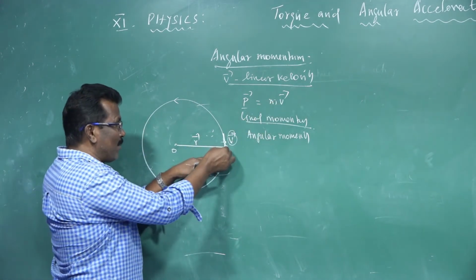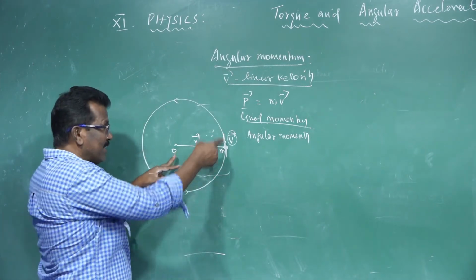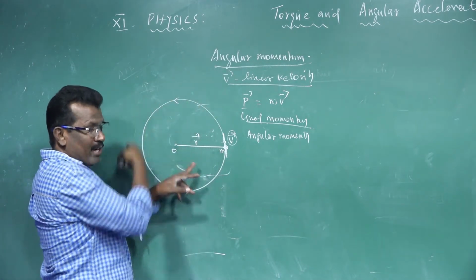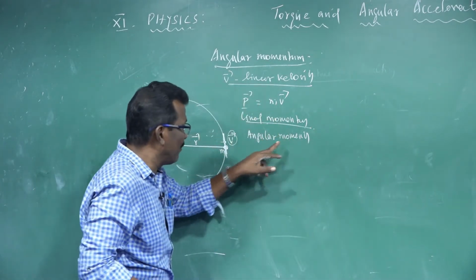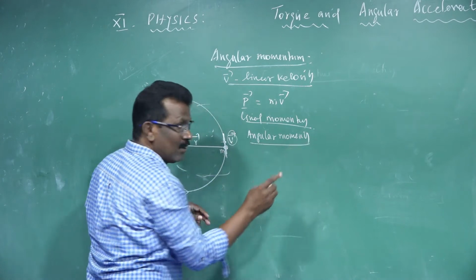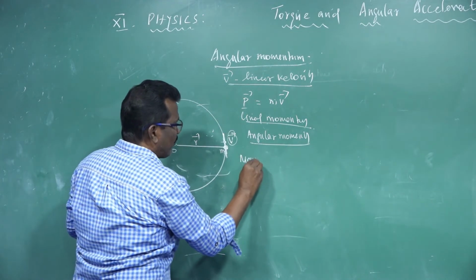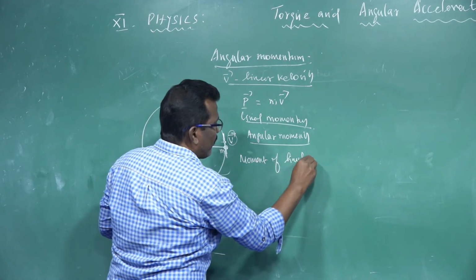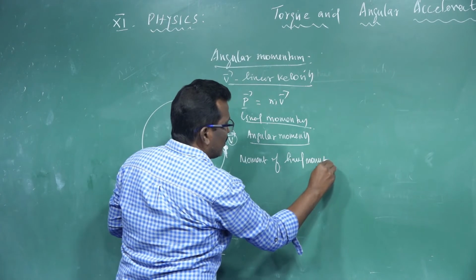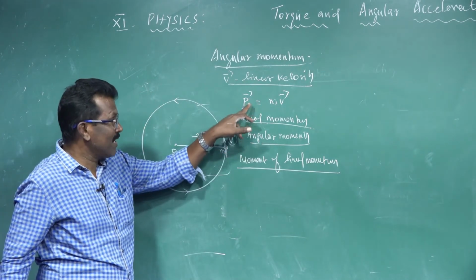If this linear momentum affects the rotation of the particle, then if the body rotates, there is a momentum. That momentum is called angular momentum. So the angular momentum is the moment of linear momentum.